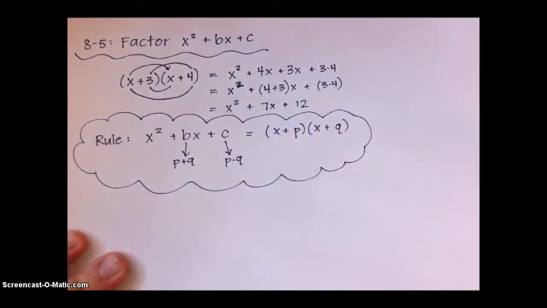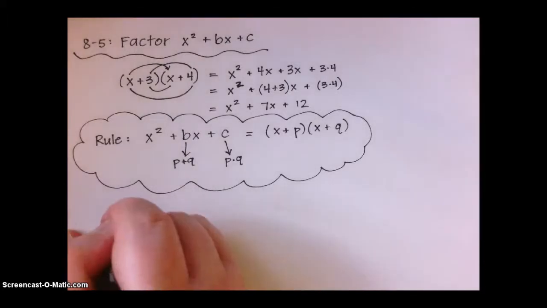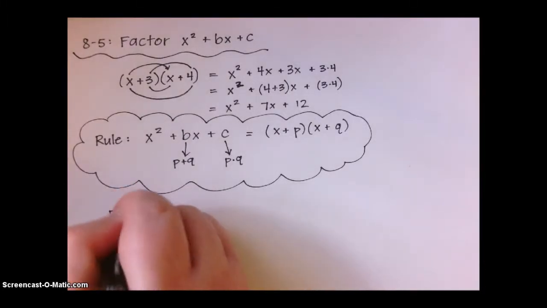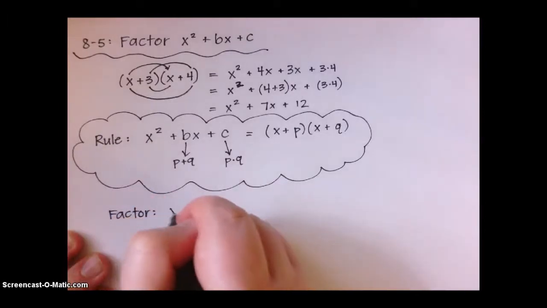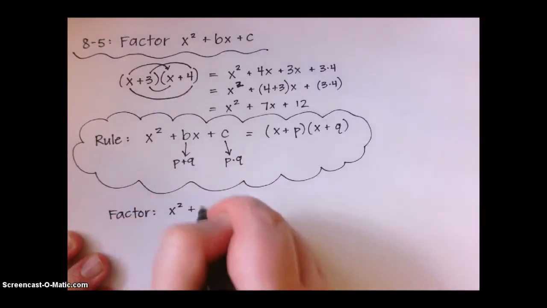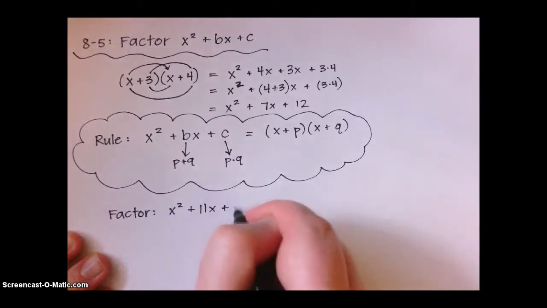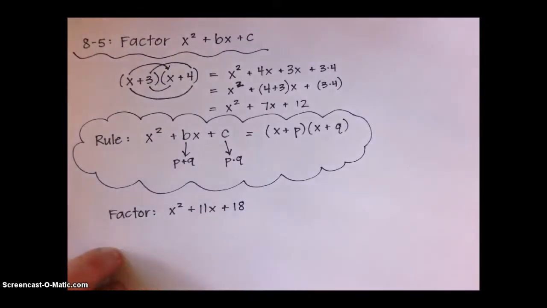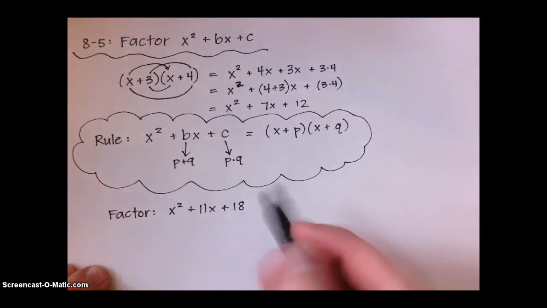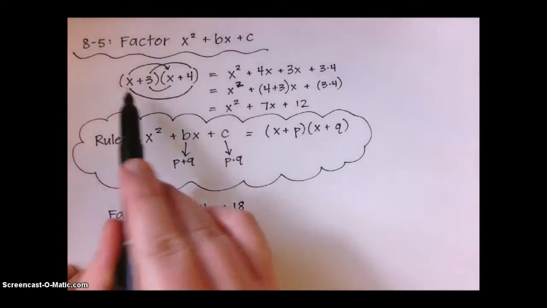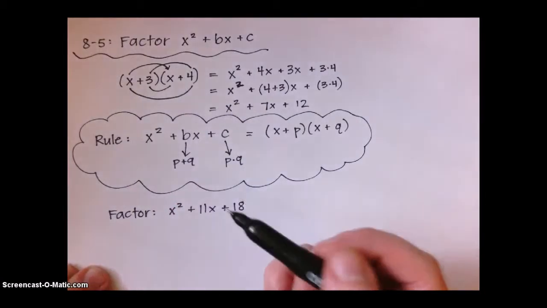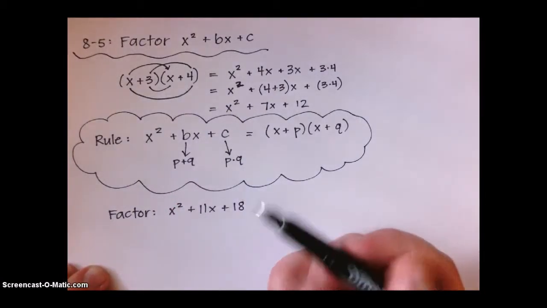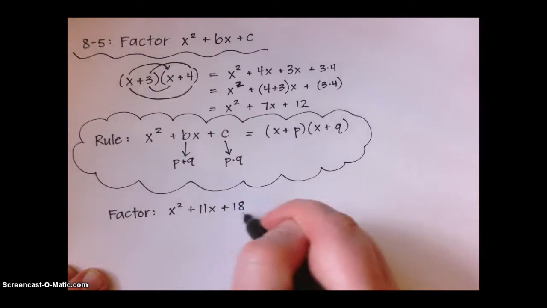So let's do an example with numbers, and this time we are going to go backwards. So what I want you to do is I want you to factor with me x squared plus 11x plus 18. All right? And to do this, to get it to look like something up here, x plus 3 times x plus 4, what I need to do is figure out the factors of this end constant.